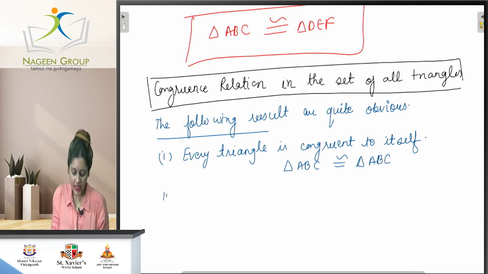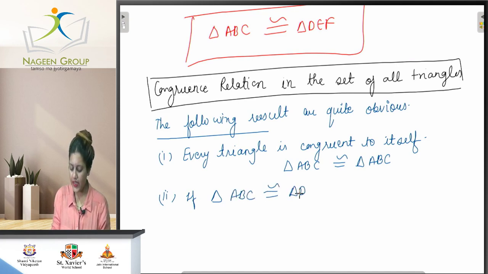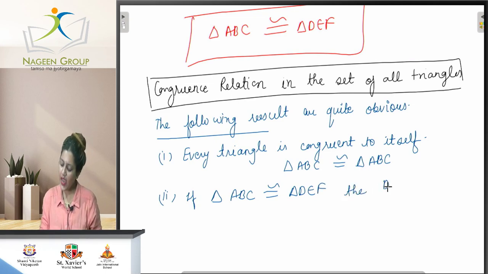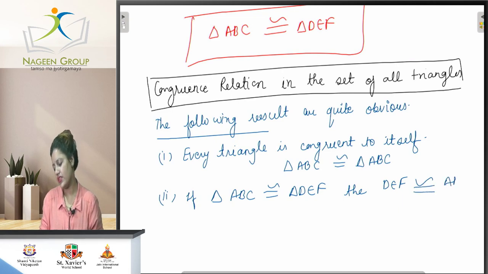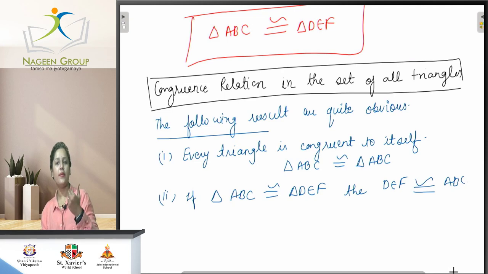Second, if triangle ABC is congruent to triangle DEF, then triangle DEF is also congruent to triangle ABC.